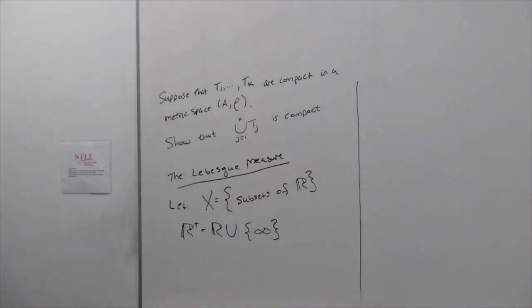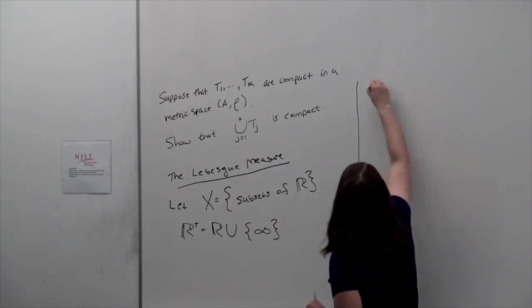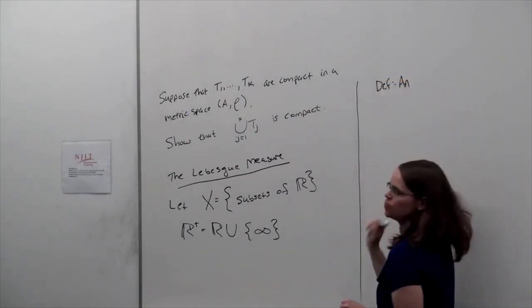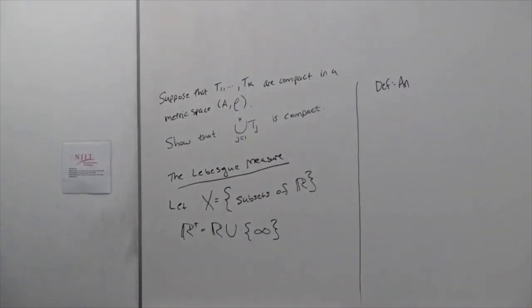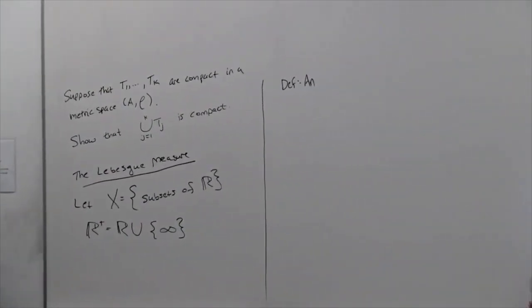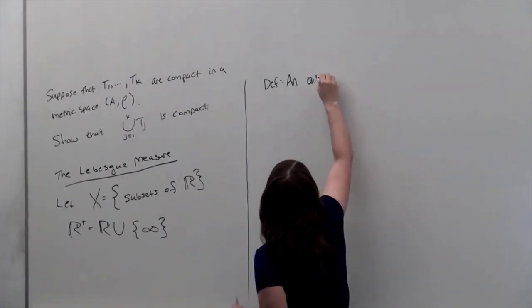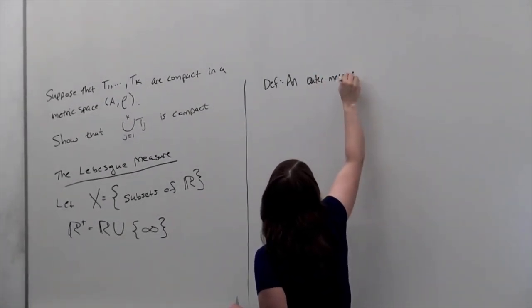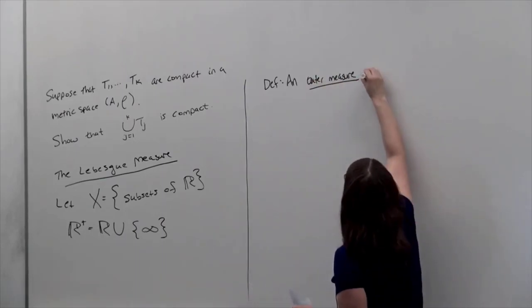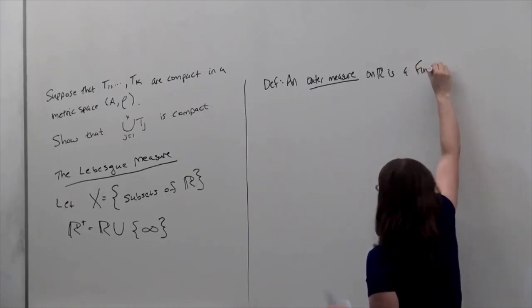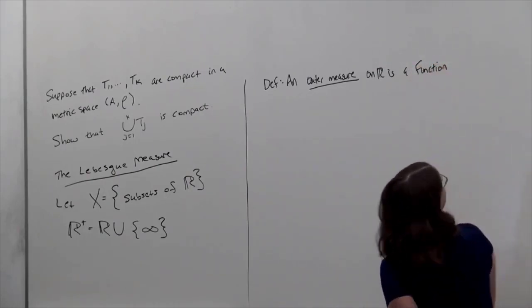So we're going to start by thinking about some properties that we would like our concept of the size of a set to have. And we're going to call a function that has these properties an outer measure to start with. And then later we'll talk about how we go from outer measure to a measure. So an outer measure is some kind of function. Okay, so let's call the function mu.